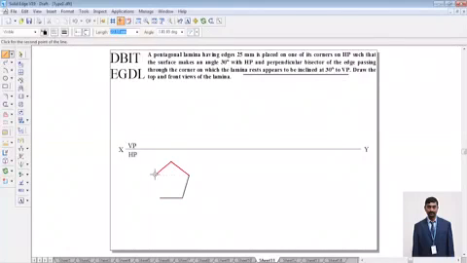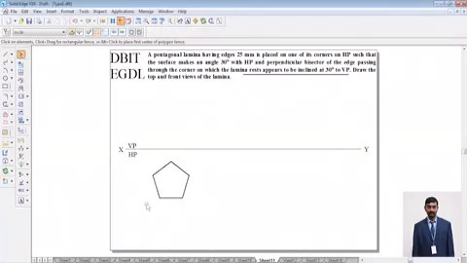So next length will be 25, next angle will be 72 into 3. So like this you can construct the pentagon. So next will be of length 25 and 72 into 4, directly joined to this end point. So this gives our pentagon, but this does not satisfy either edge condition or corner condition.